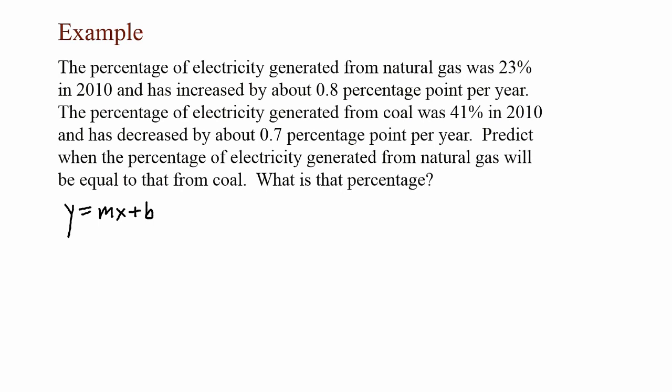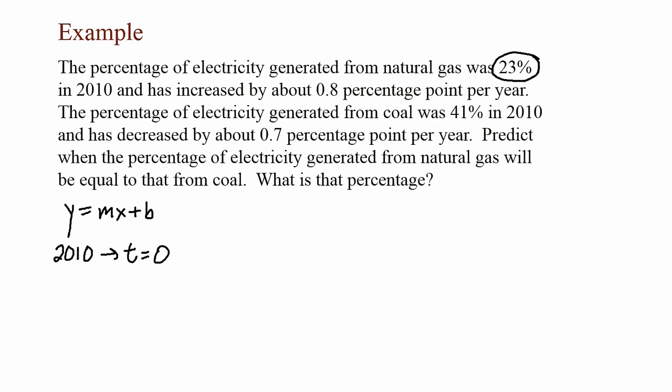Starting with our statement, the percentage of electricity generated from natural gas was 23% in 2010 and has increased by 0.8 percentage point per year. We can pull out the slope and the y-intercept from that statement. Both the natural gas and the coal give us percentage from 2010. That allows us to make 2010 be when t is 0.